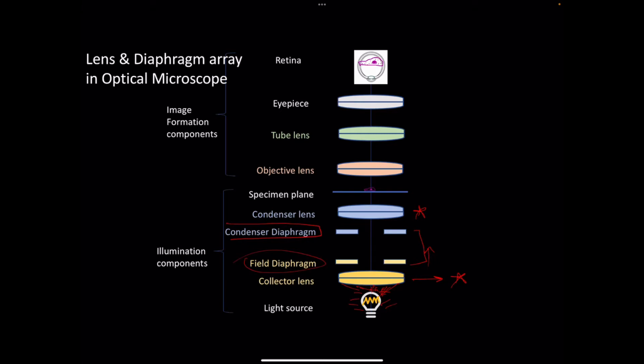After the collector lens collects the light and gives it to the condenser lens, there are two diaphragms which can control the amount of light that reaches from the collector lens to the condenser lens. The condenser diaphragm itself can also determine what amount of light it relays further on to the condenser lens. So take a moment and remember that after the collector lens there are two diaphragms which determine the amount of light that will pass further on to the condenser lens.